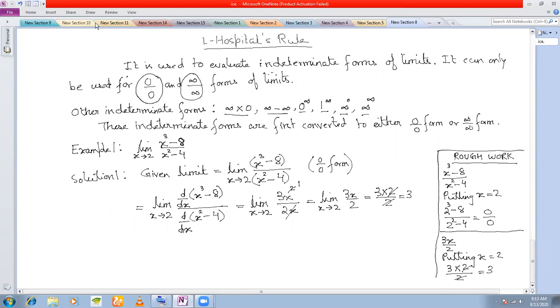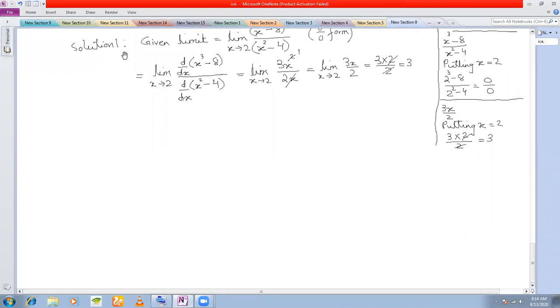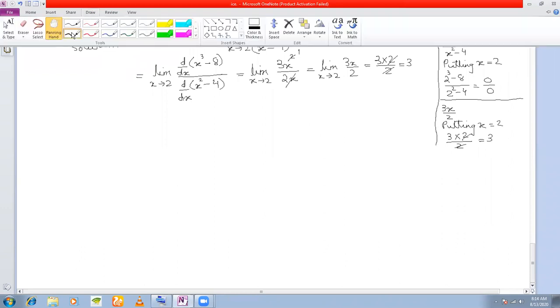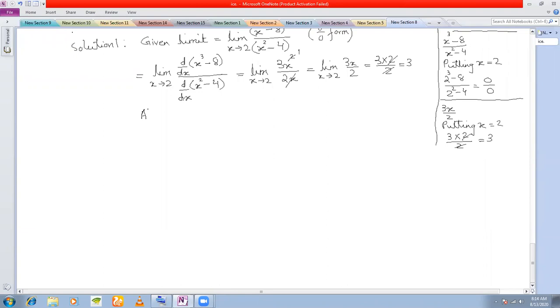Okay. Under normal circumstances, do you remember how to evaluate limits? How will you evaluate this limit normally, without using L'Hospital rule? Limit x tends to 2, x cube minus 8 divided by x square minus 4. If you remember your class 11 a little bit, limit x tends to 2, we try to bring it to determinate form by cancelling a certain factor.